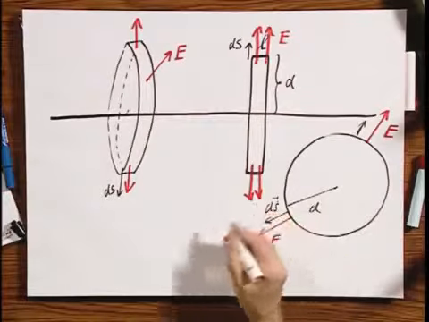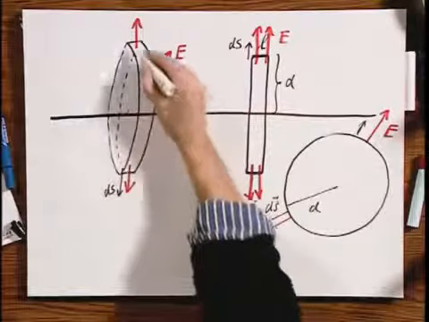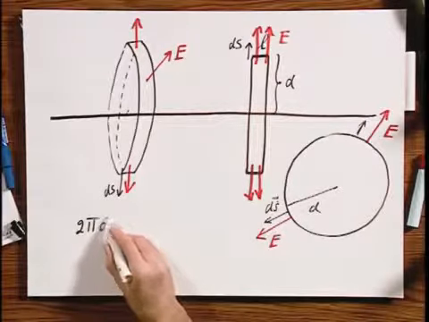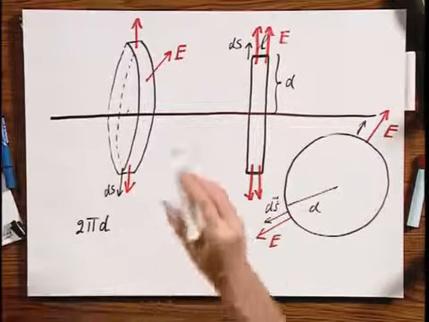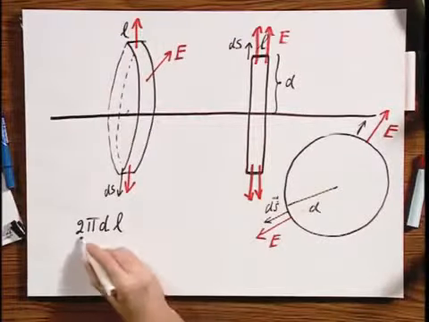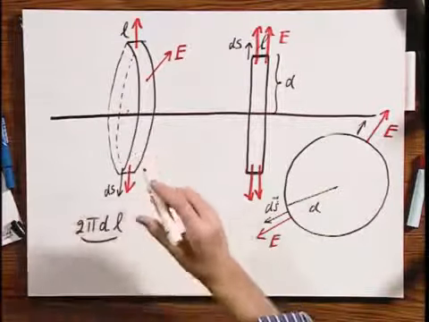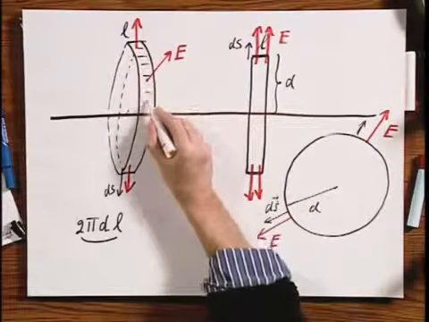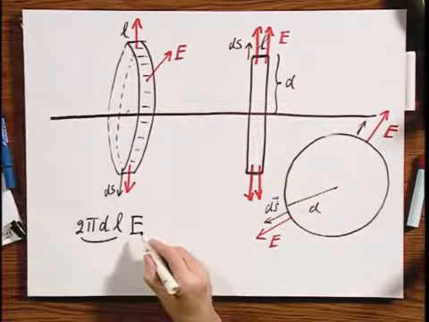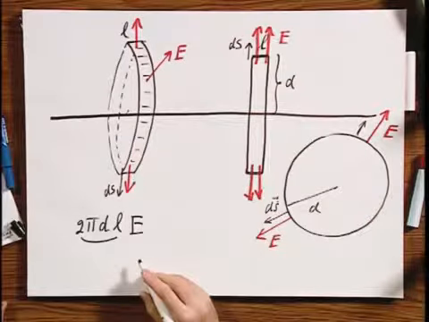That should be very easy. That is the surface area itself, which is 2 pi times d. It has here a thickness L. Not volume, this is the total surface area of this curved surface. I multiply that by E according to Gauss's law.